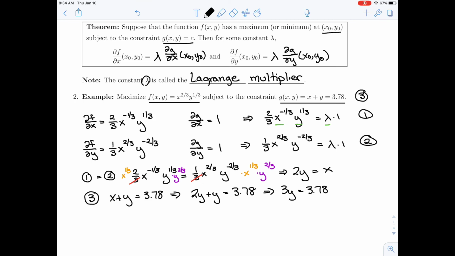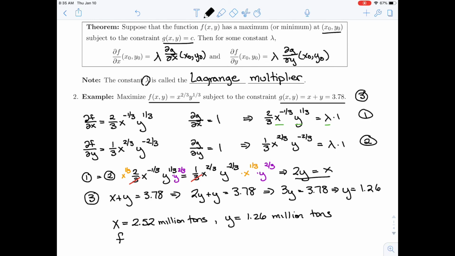So y equals 1.26. Once I have that, then I know that x is equal to 2y, so x is equal to 2.52 million tons, because that is twice y. And y equals 1.26 million tons.